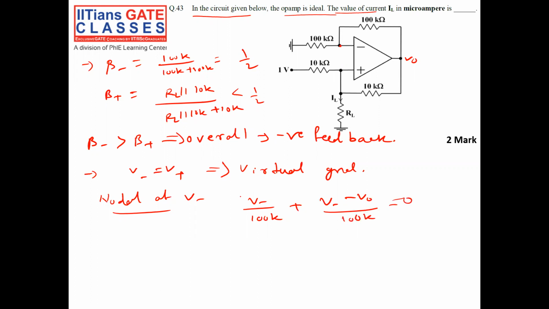So V0 by 100k is equal to V negative by 100k plus V negative by 100k. So this implies V0 is equal to 2 V negative. But since V negative is equal to V positive, I can write 2 into V positive also. This is my V0.